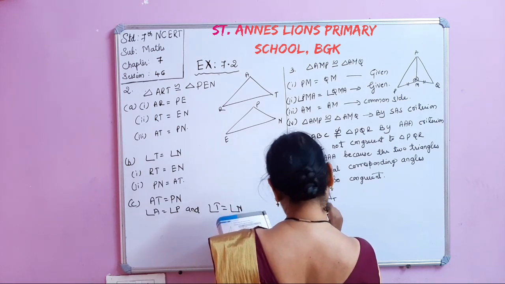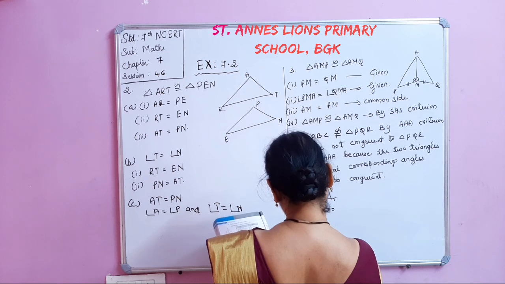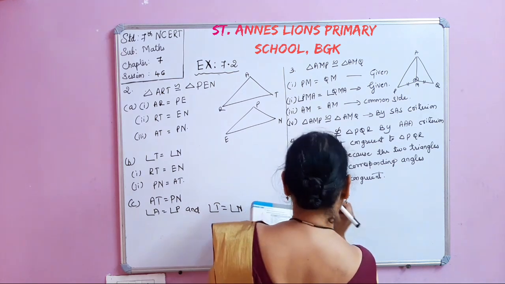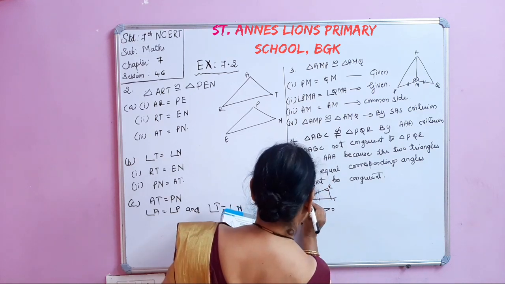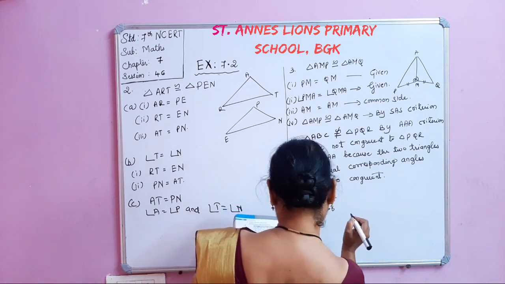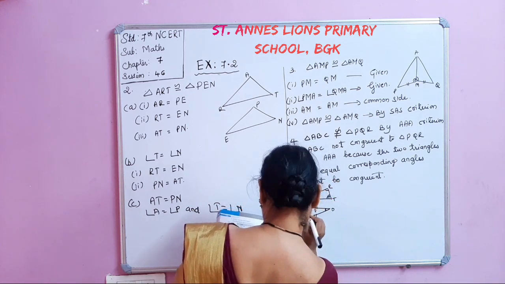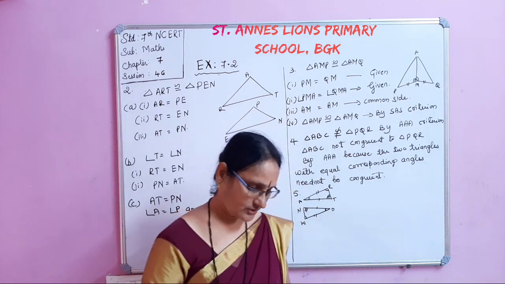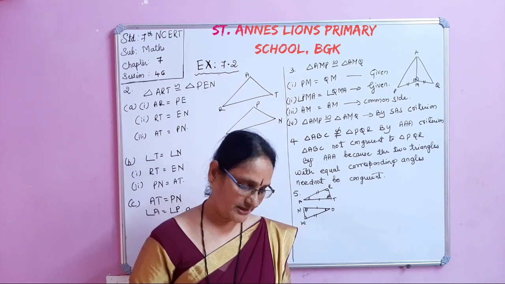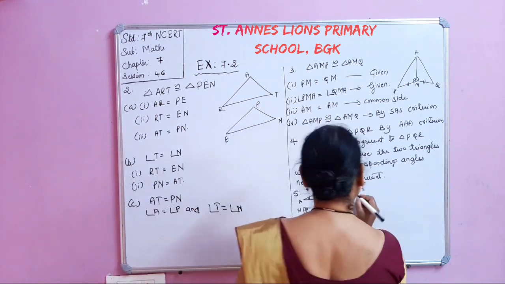Which sides are equal? This and this are equal. This and this are equal. One side and one angle, and this angle and this angle are equal. In the figure, the two triangles are congruent. The corresponding parts are marked.